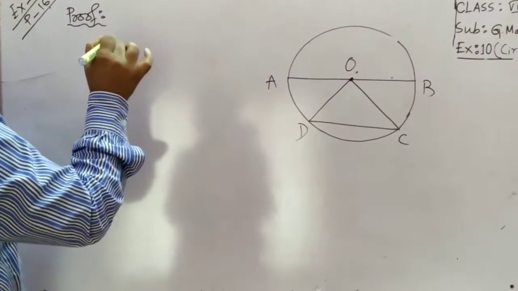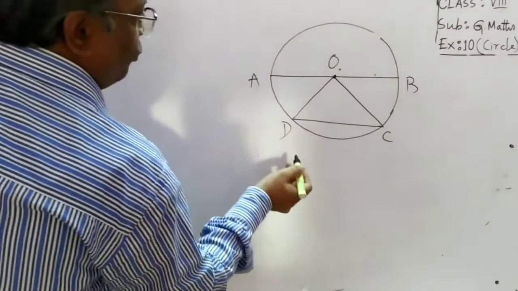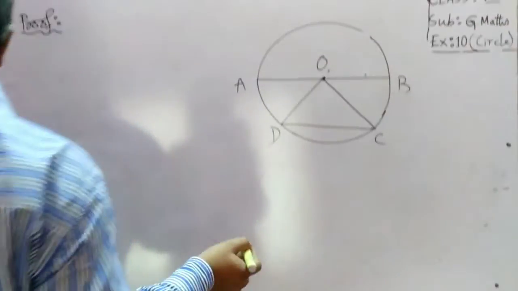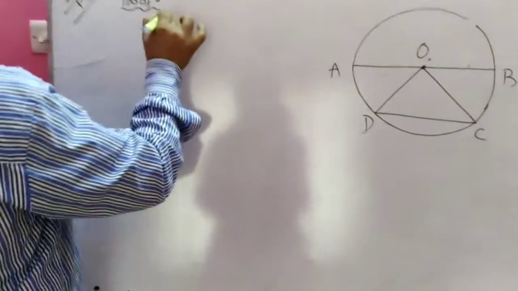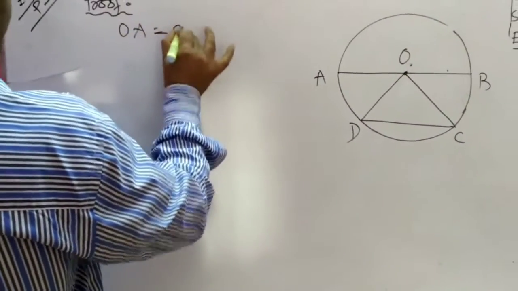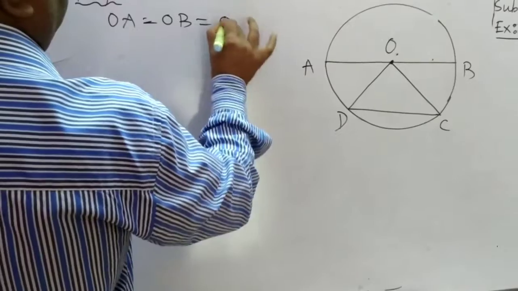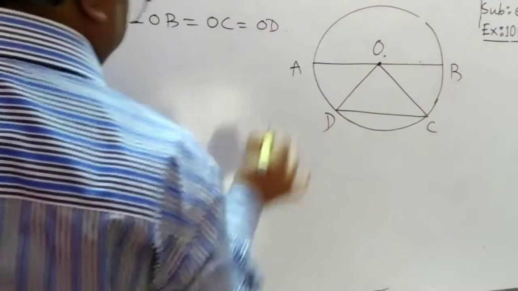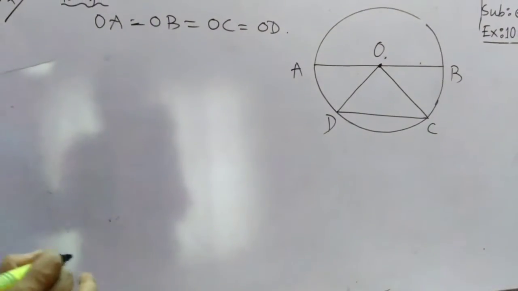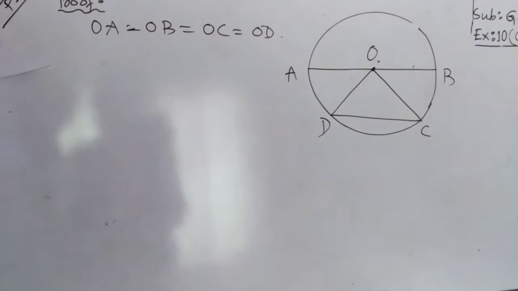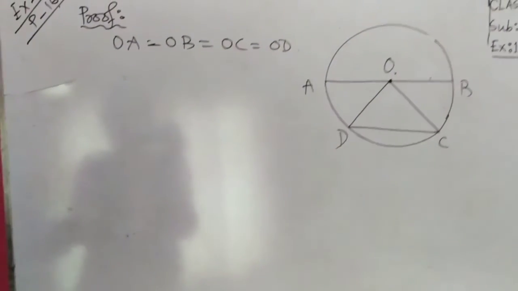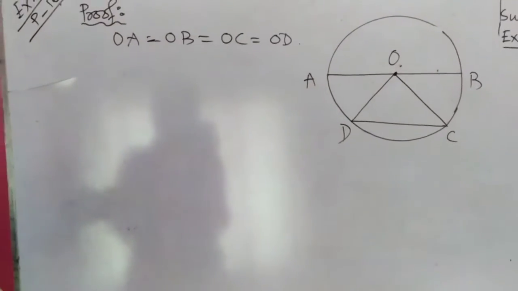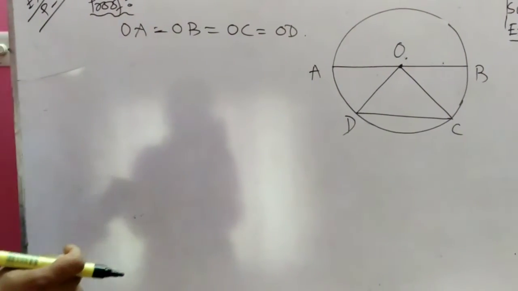প্রুফ, এখানে জয়েন করতে হচ্ছে OC and OD জয়েন, এটাই কনস্ট্রাকশন। প্রুফ, OA equals OB equals OC equals OD। কারণ কি? কারণ হচ্ছে রেডিয়াস অফ সেম সার্কেল। তো তোমরা জানো the sum of two sides of a triangle is greater than the third.